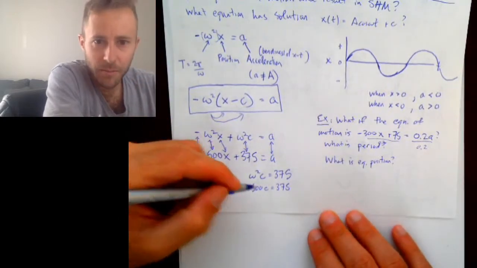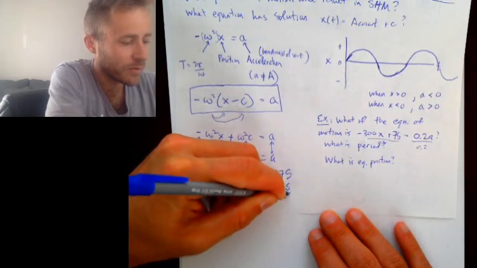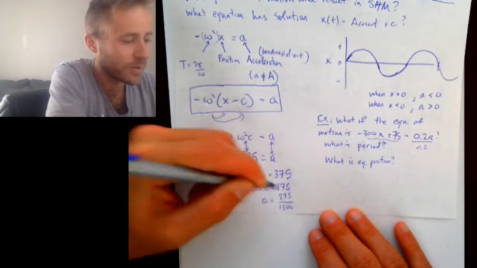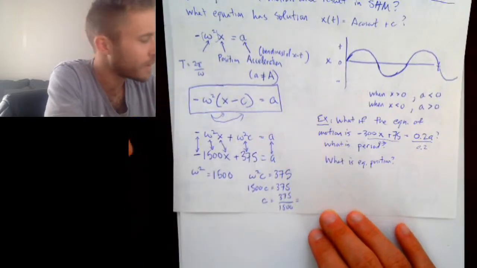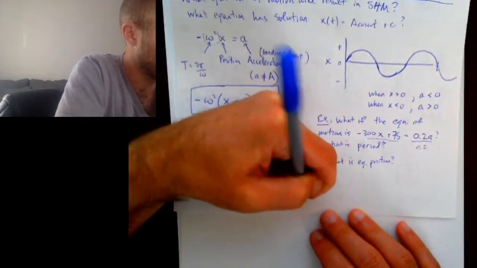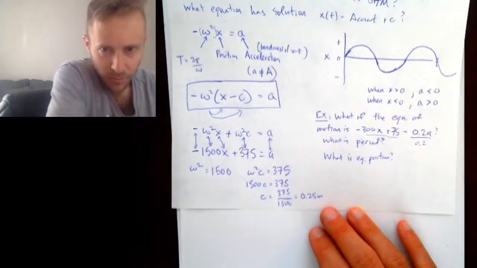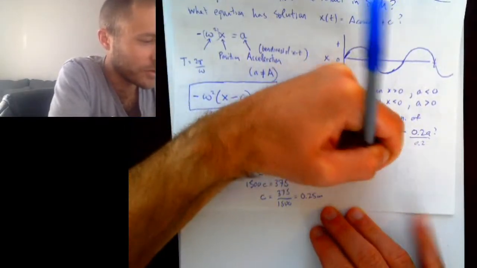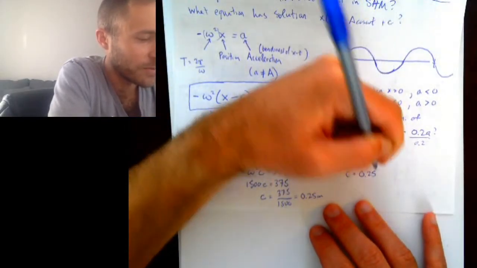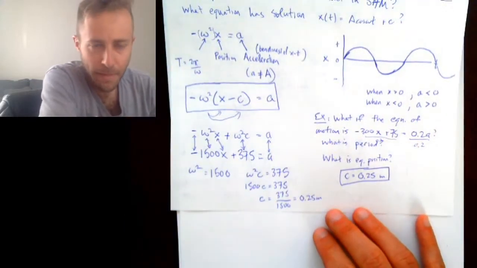And then I divide both sides by 1500, so I get 375 over 1500 equals 0.25 meters. Okay, so we get that the equilibrium position is 0.25 meters. That's the first part of our solution.